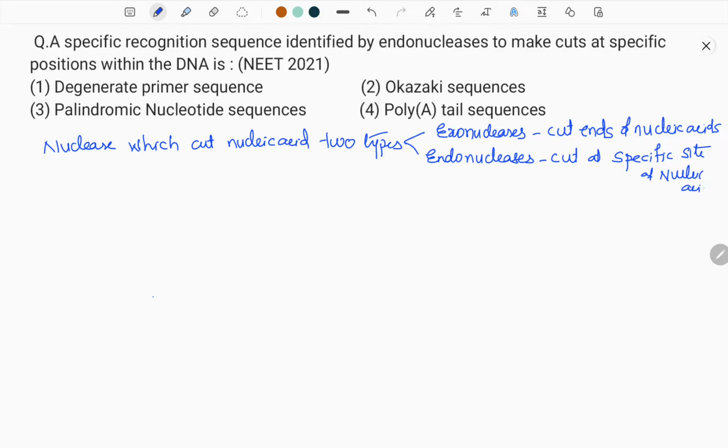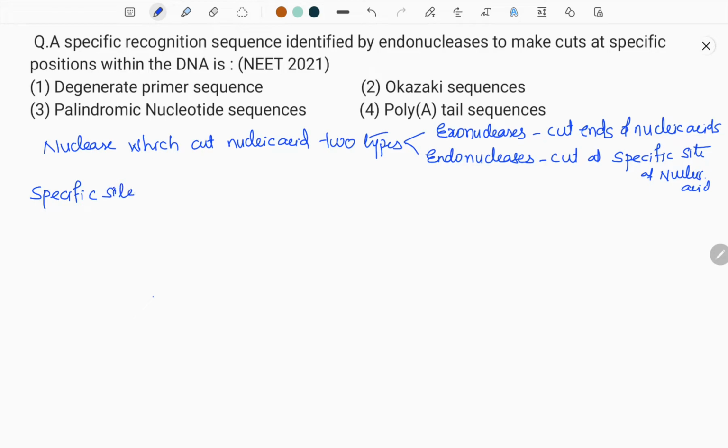So what is this specific site? That is our topic today. The specific site is the restriction site at which the restriction endonuclease cuts.